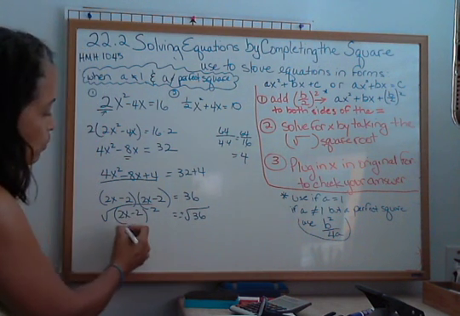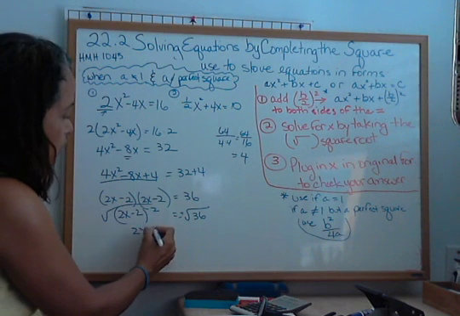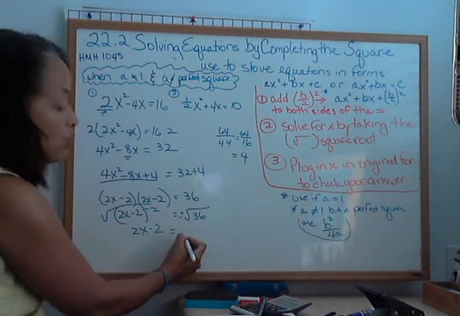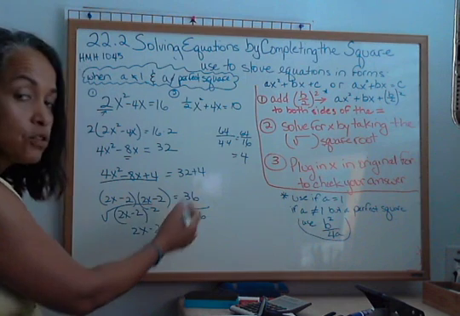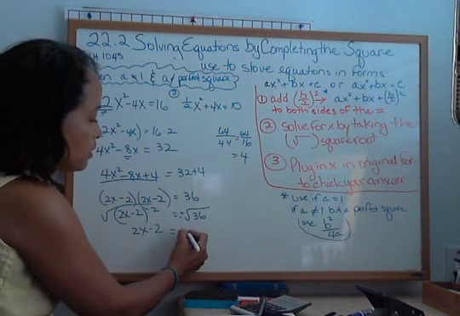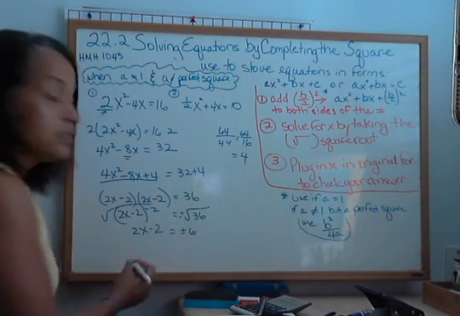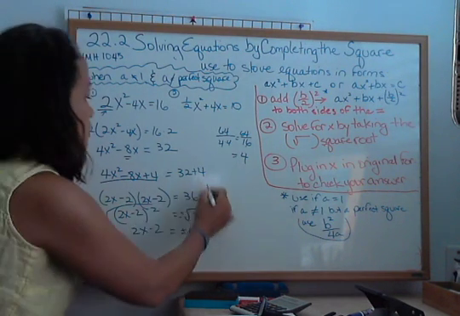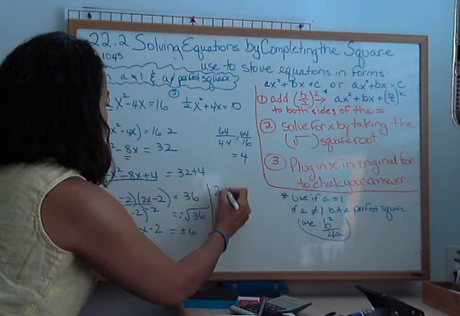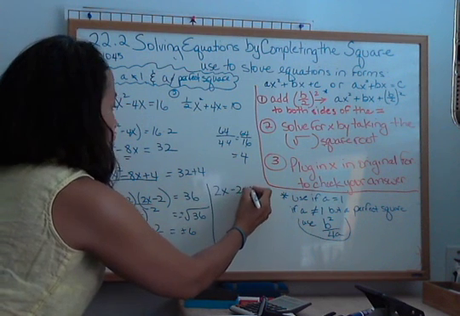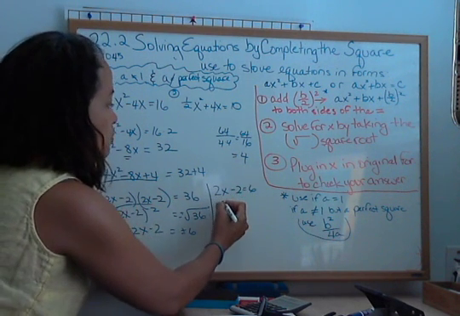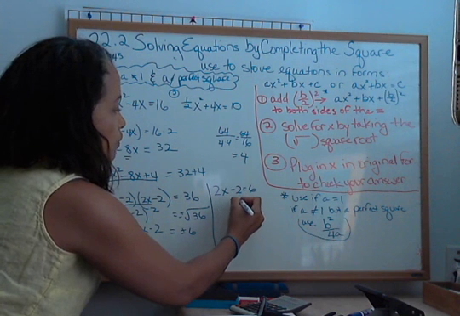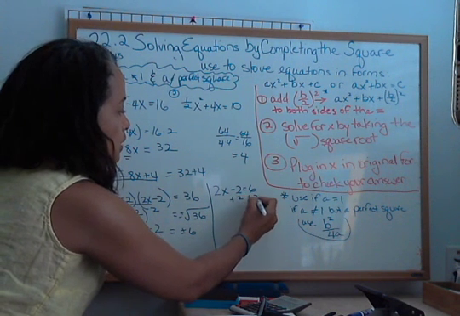So the square root of this is just 2x minus 2, and the square root of 36 is going to be plus or minus 6. Now I solve for x. So I have, let me write it over here, 2x minus 2 equals 6. That's the first option. Solve for x, add 2 to both sides.